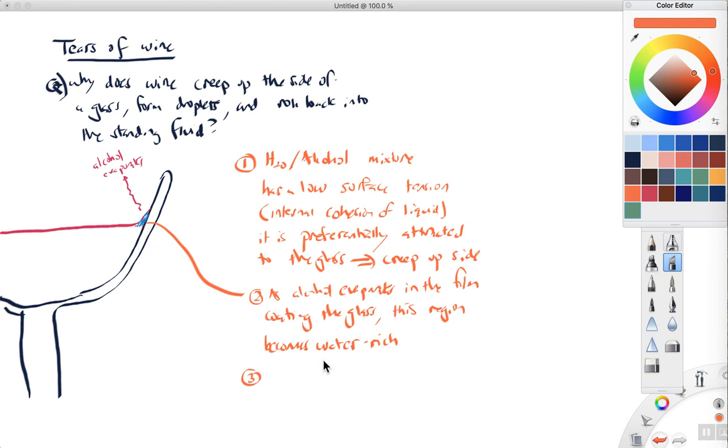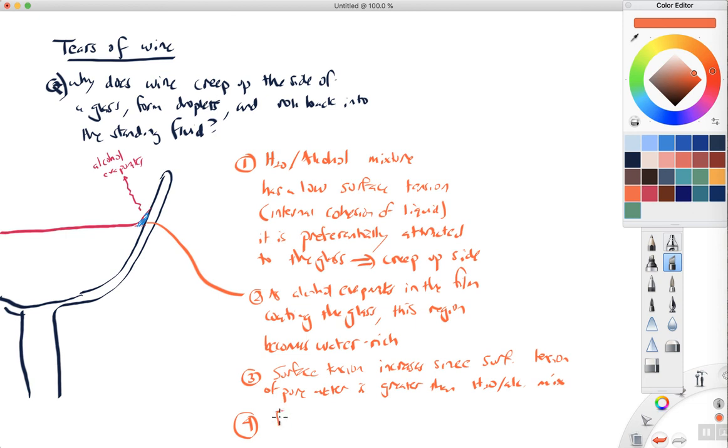Okay, so the surface tension increases, since the surface tension of pure water is greater than that of the water-alcohol mix. Okay, and when the surface tension increases, it beads up, it forms into balls.